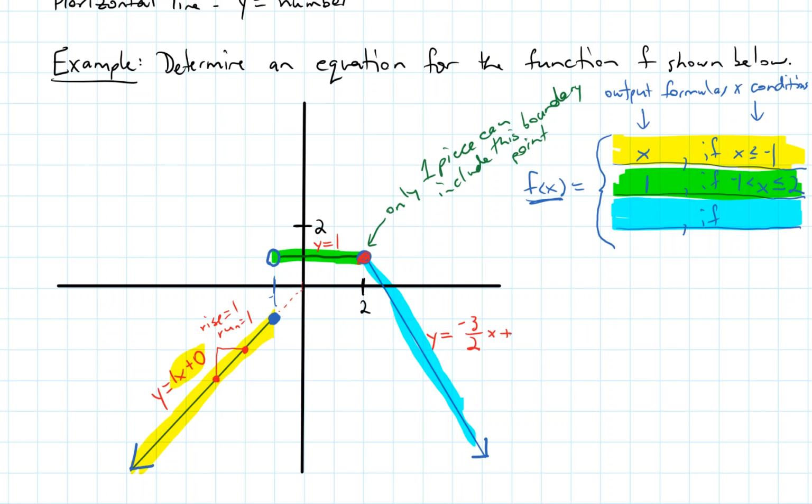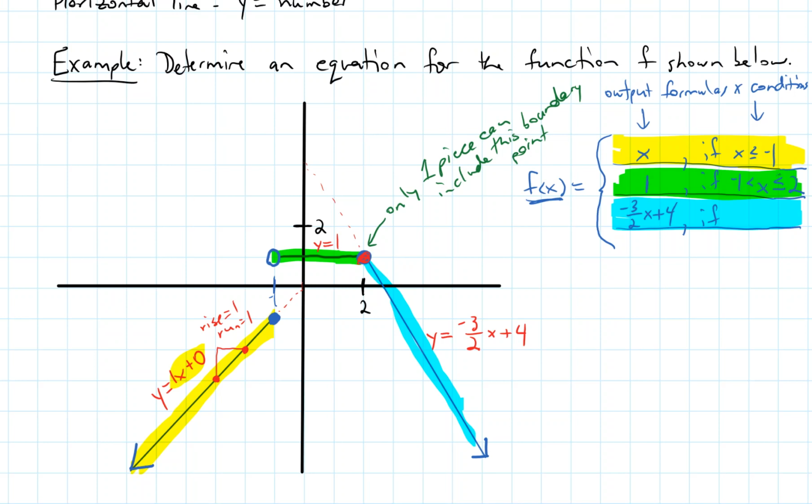My b value is what I'd have if my slope continued and hit the y-axis. So that means rise 3, run -2, it would hit up here at 4. So -3/2 x plus 4 is the output formula for the blue portion.